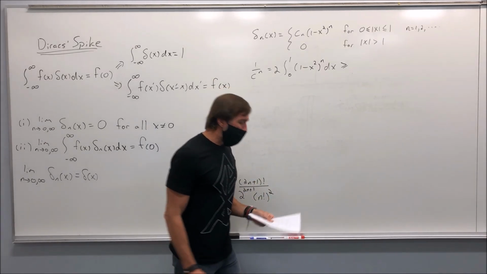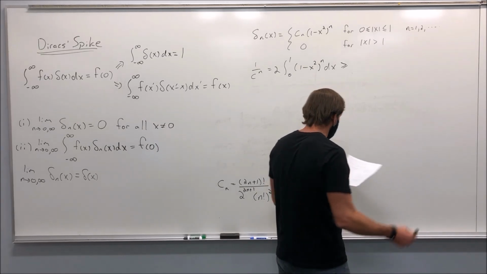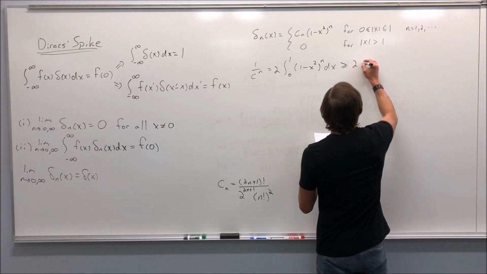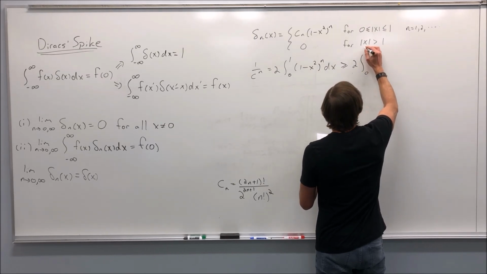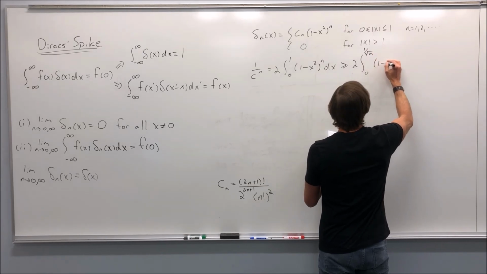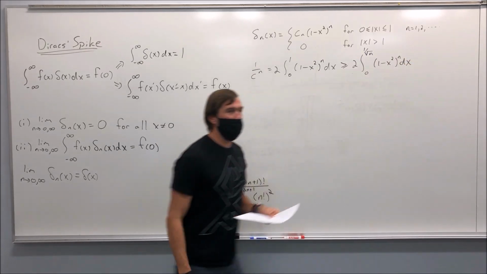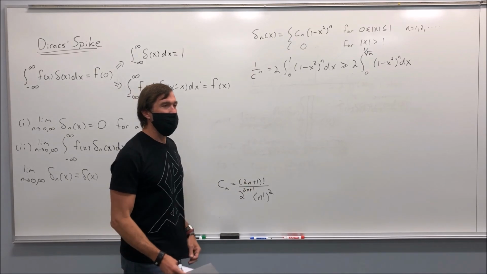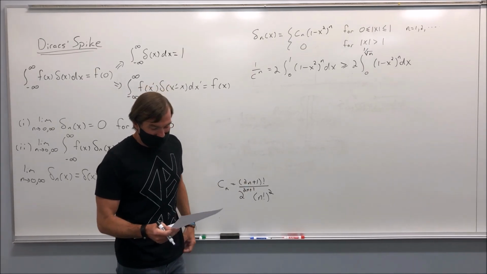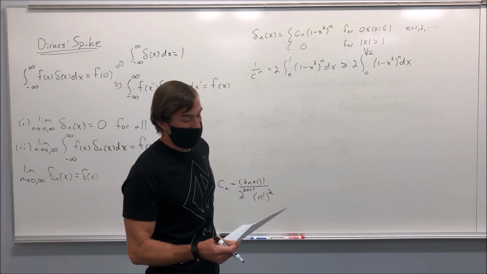This is larger than this, even though what I'm about to write seems perfectly useless. Here we go. This is larger than this. Who agrees? Do you agree or not? Yeah, that is larger than 0.